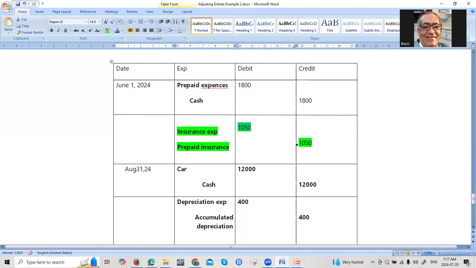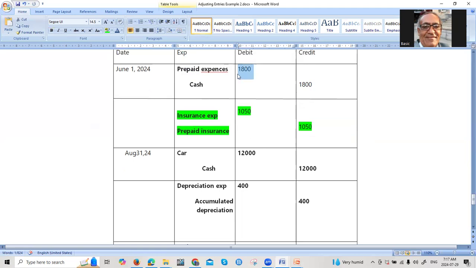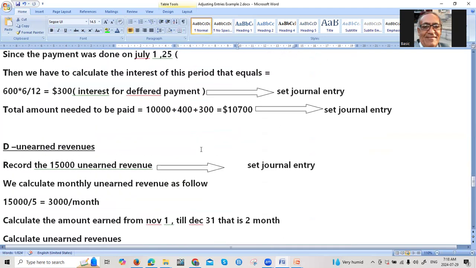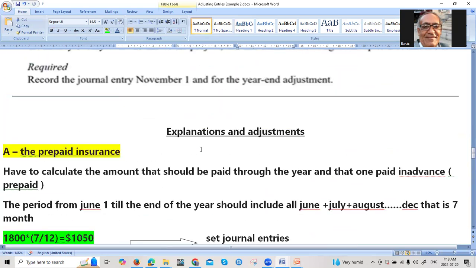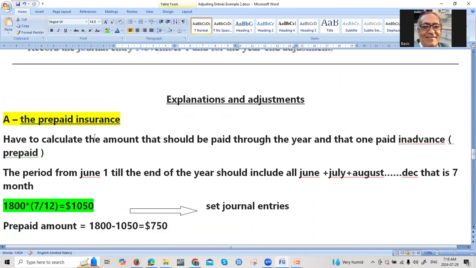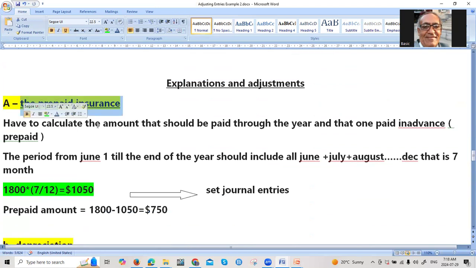So I split 1,050 out of 1,800. I split the 1,050, which belongs to this year, from the 1,800, which is the whole amount. Again, those are the journal entries in the case of prepaid insurance, which is a prepaid expense.